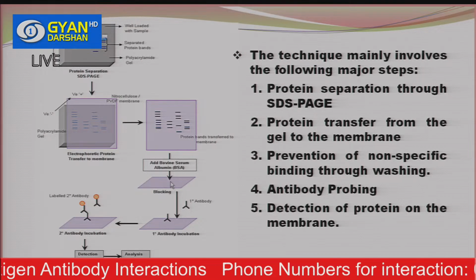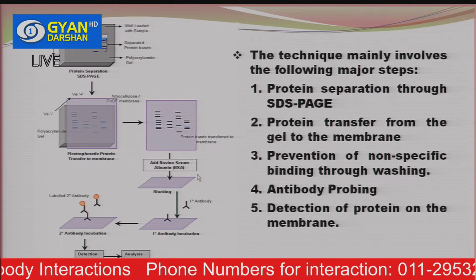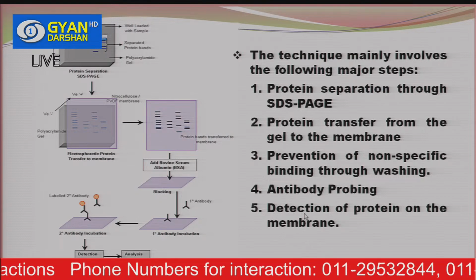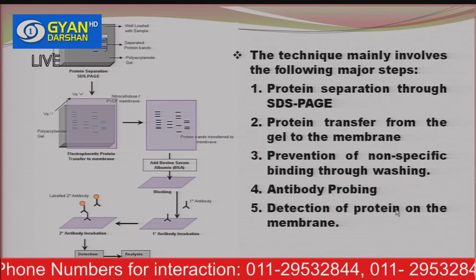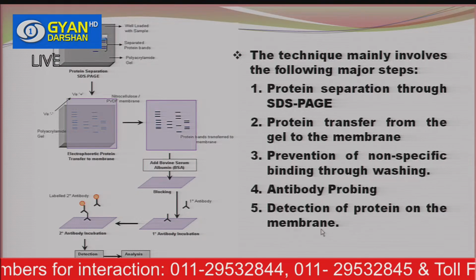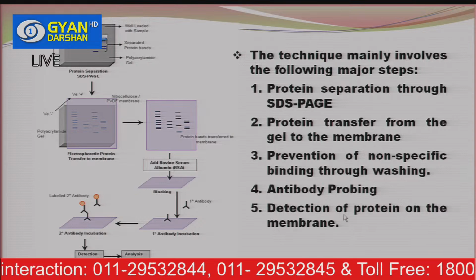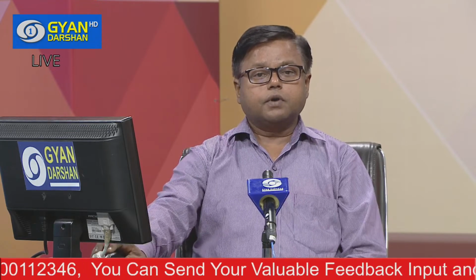The antibodies bind to the specific antigen, and ultimately we can detect the particular protein available in the membrane, or in different parts of the bacteria. So it is a very important technique. We can utilize it for detection of particular antigens or proteins.